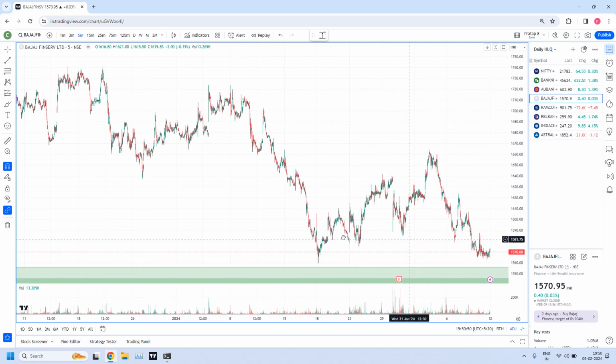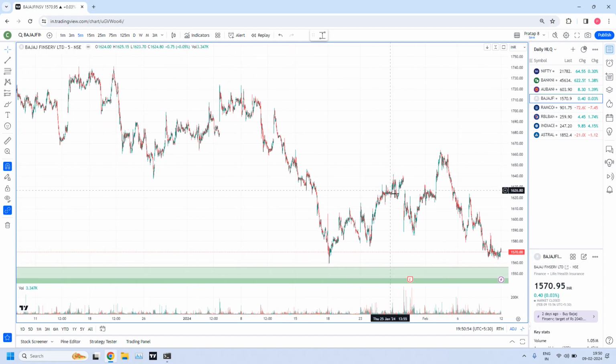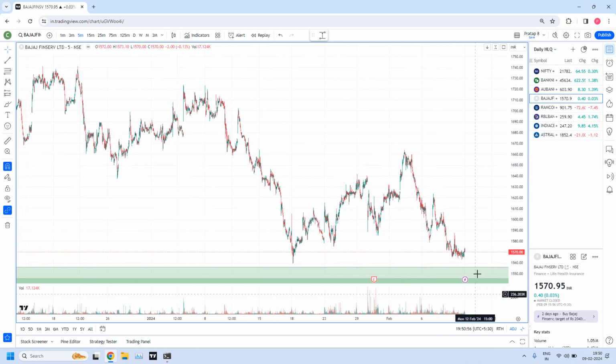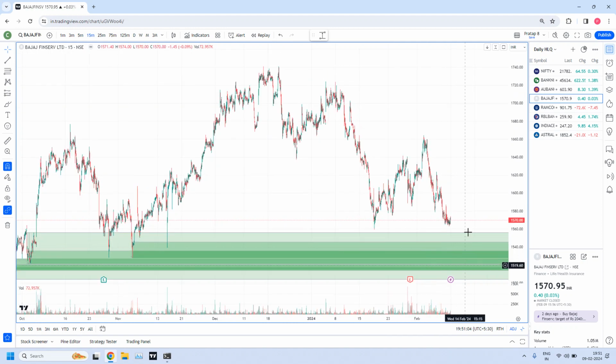But unfortunately today prices did not get into that area. We did not get a trade. So this is about Bajaj Finserv. There is a huge distance for the prices to reach this 5 minutes area.